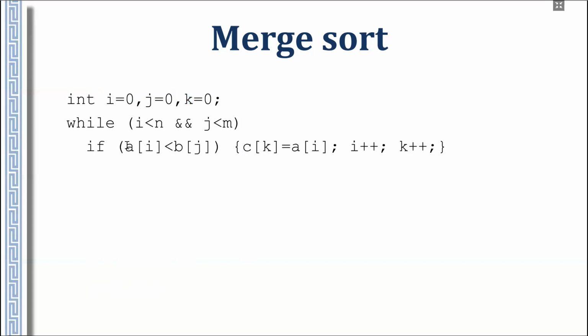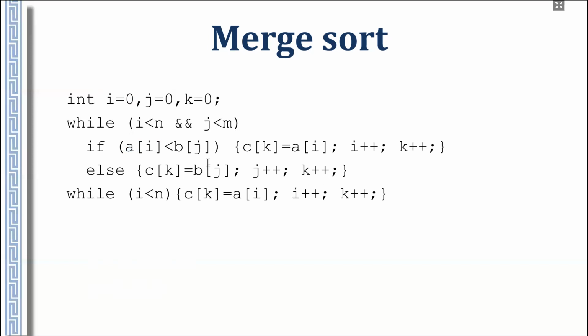Firstly, we check if the element in the first array is smaller than the element in the second array, then we write this element to array C and increase both pointers i and k. The same for the opposite case: we put the element from B to C and increase these two pointers.